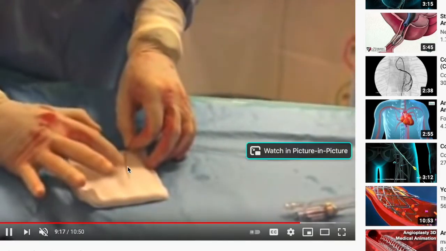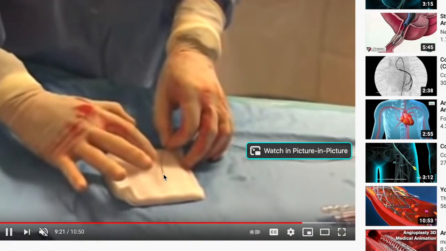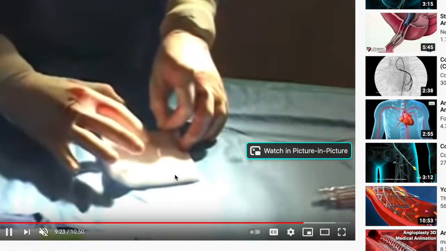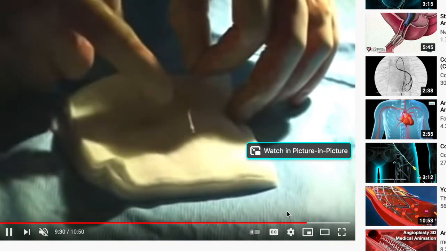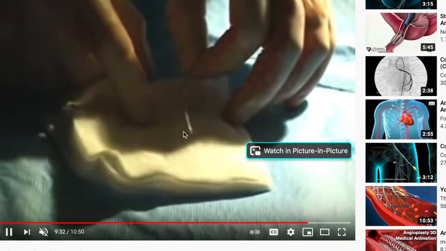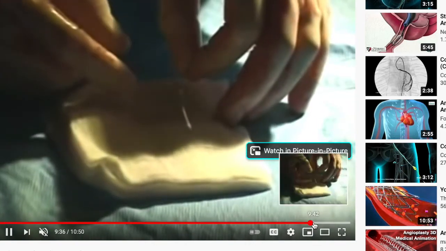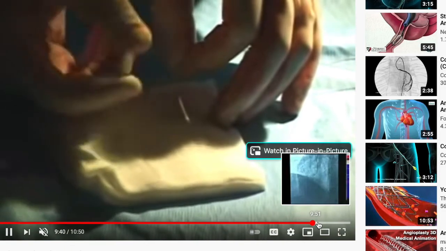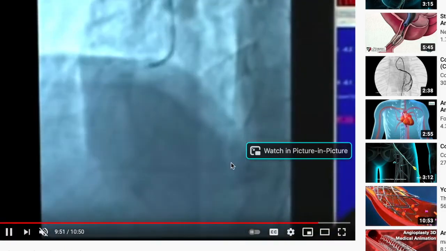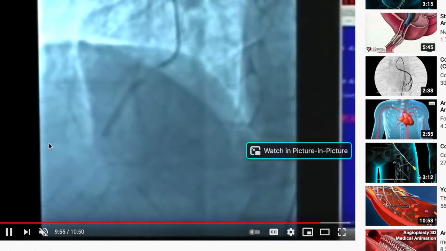So there is a small tiny balloon in that tube, and around it is something called a stent, which is a small piece of mesh metal. And they're going to inflate the balloon inside of that vessel after they get the blockage clear. And that's going to push the stent, that metal piece that's hard to see here, but it's there, into the wall of the vessel to permanently hold it open. Okay. So you can see there's some blood flow there because they got some of the clot out.